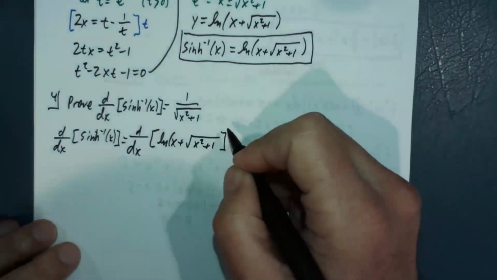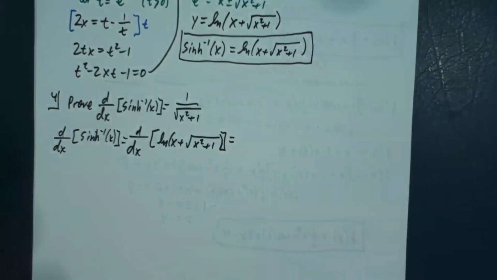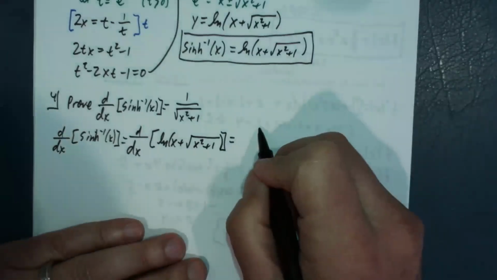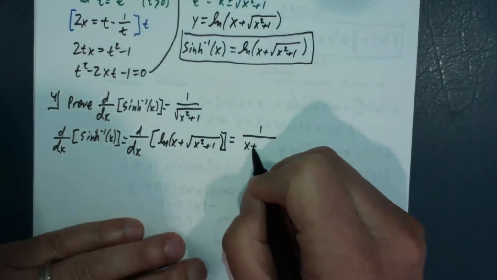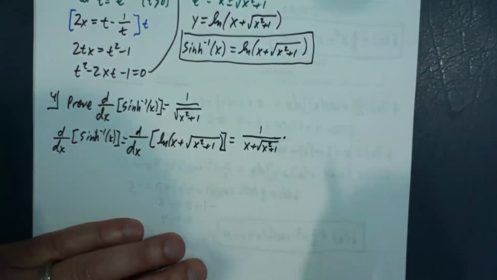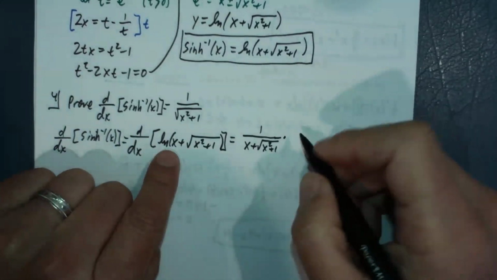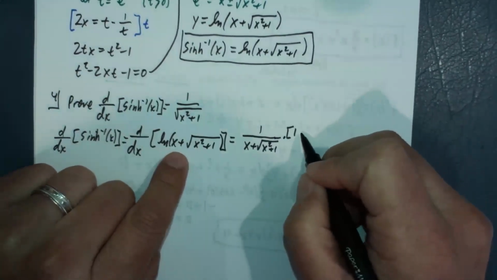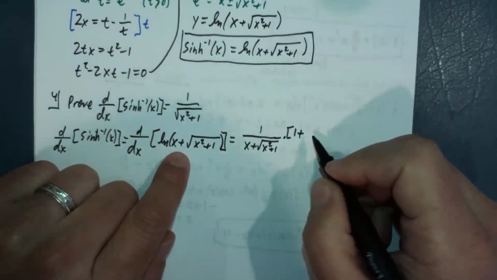So remember, the derivative of natural log is going to be 1 over, right? So 1 over x plus the square root of x squared plus 1, times the derivative of the inside. That's going to be times 1 plus, and here we go.